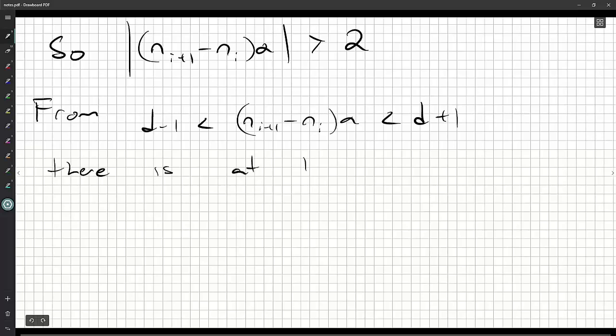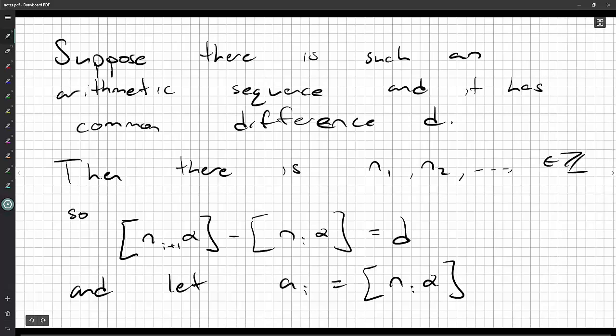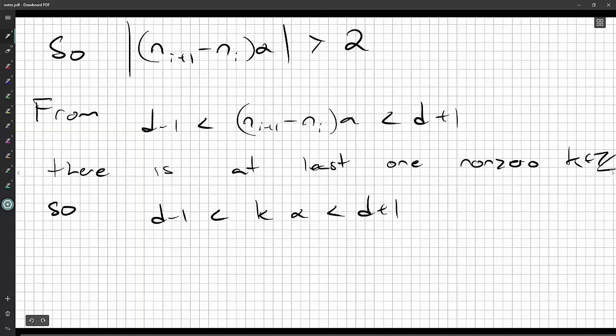There is at least one non-zero k, an integer. Oops, flip to the page. At least one non-zero k, an integer, so the k is in this range.